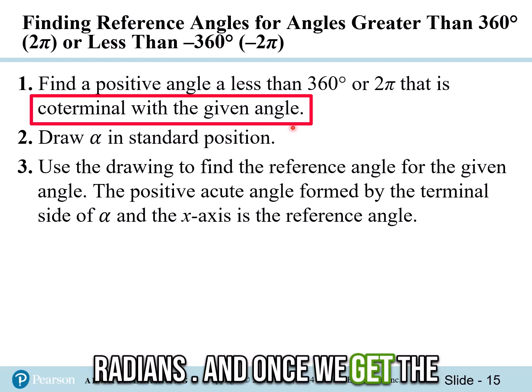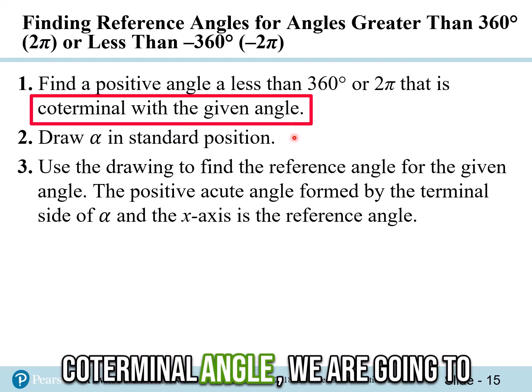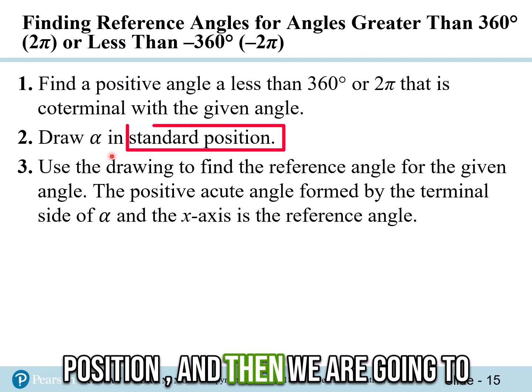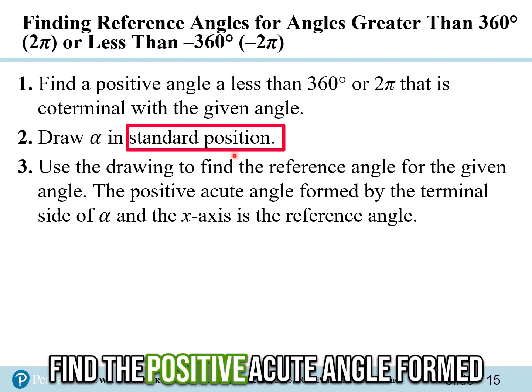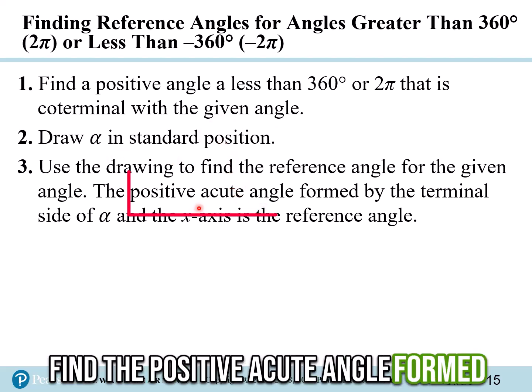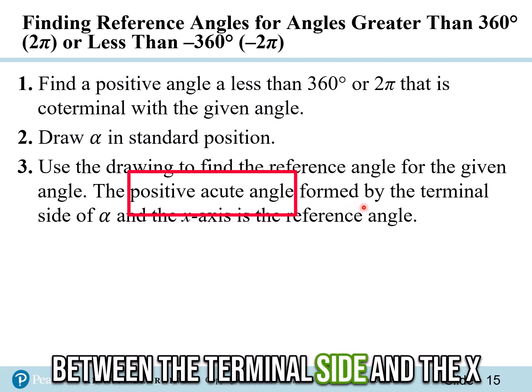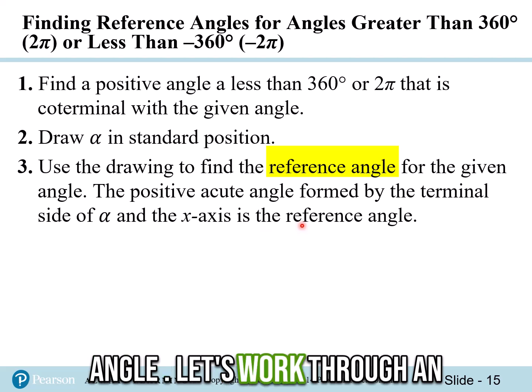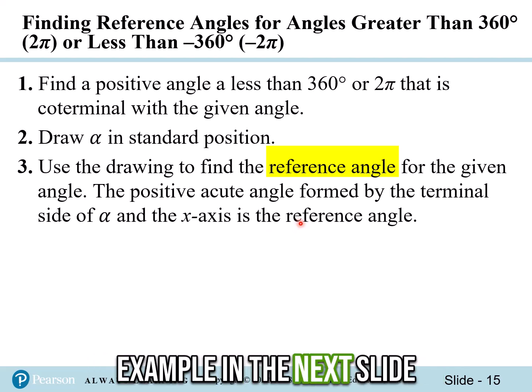And once we get the coterminal angle, we are going to draw the angle in standard position, and then we are going to find the positive acute angle formed between the terminal side and the x-axis, which would be the reference angle. Let's work through an example in the next slide.